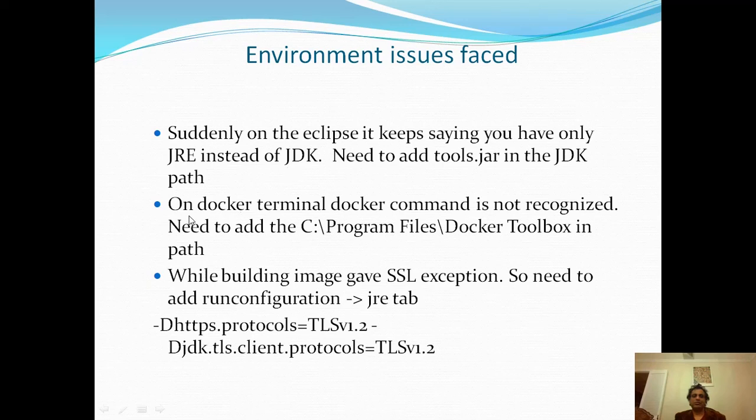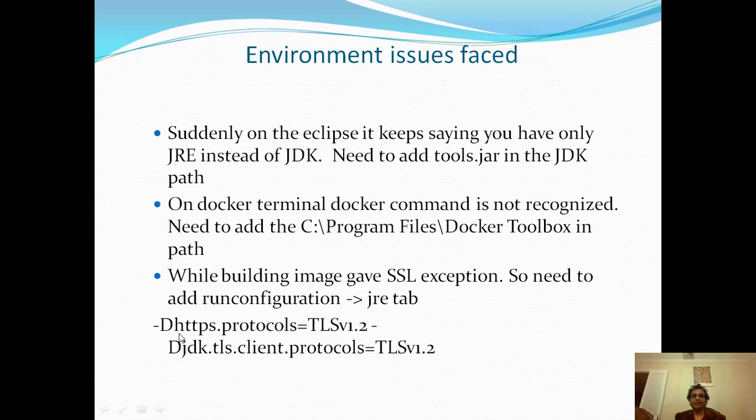Another thing I observed was on the Docker terminal, it was saying that the docker command is not recognized. So all I have to do is just put it in the path. Okay. Then the next one is while building the image, it gave an SSL encryption error. This is the first time I saw this. So I need to add a run configuration in the JRE tab.